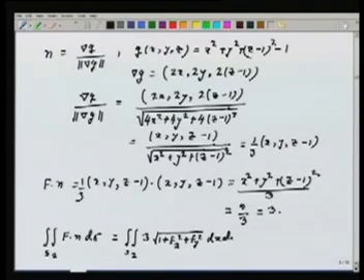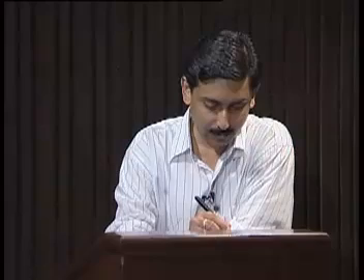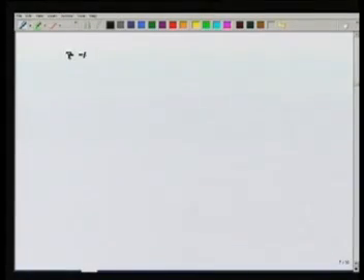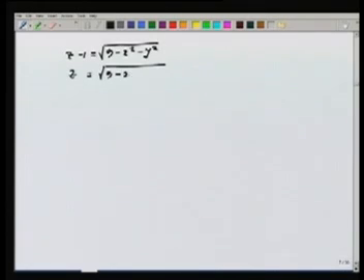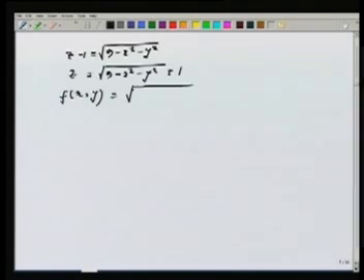Well, the upper hemisphere can actually be thought of as the graph of a function, because I can write it as z minus 1 equals square root of 9 minus x square minus y square. So z equals square root of 9 minus x square minus y square plus 1. So my f of x, y actually is square root of 9 minus x square minus y square plus 1.